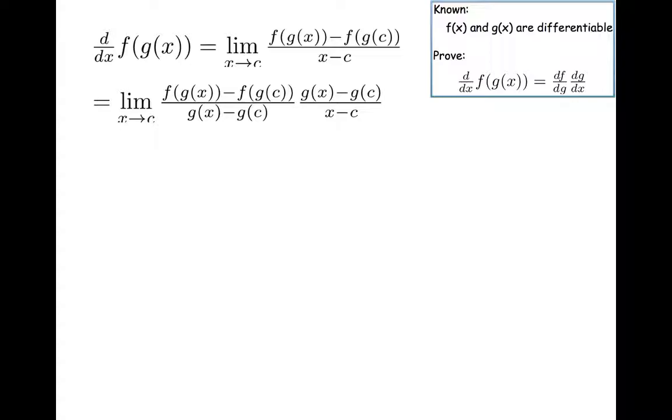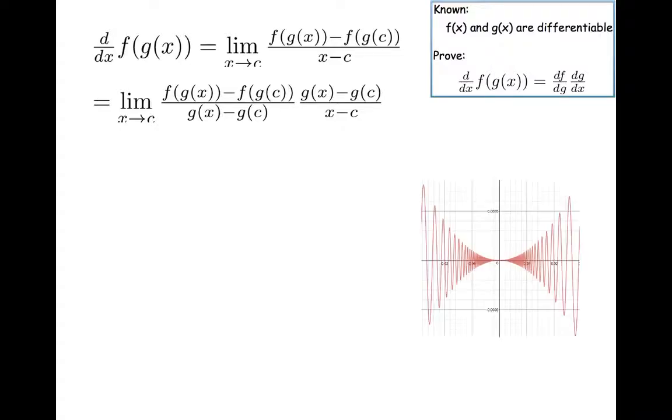There's one little annoyance we have to take care of, though. What happens if we have a rather crazy function like this one? This, I believe, is the graph of x squared sine 1 over x. And if you notice, it oscillates infinitely many times through y equals 0.